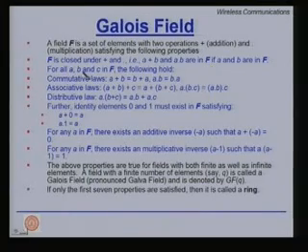Also, for all A, B and C within F, the commutative law, the associative law and the distributive law hold good, which is A plus B is equal to B plus A, A plus (B plus C) is equal to (A plus B) plus C, and the distributive law, A times (B plus C) is A times B plus A times C.